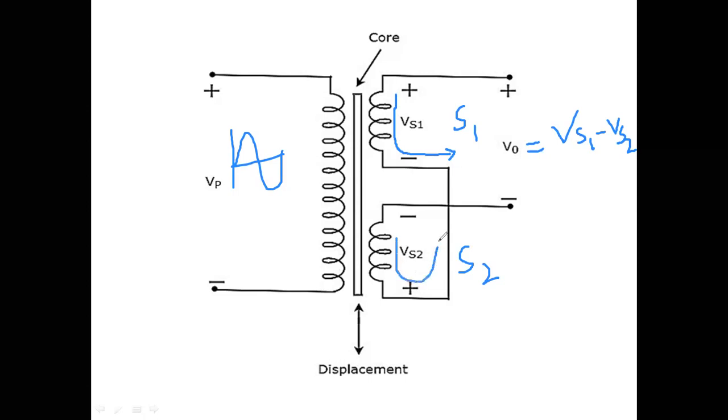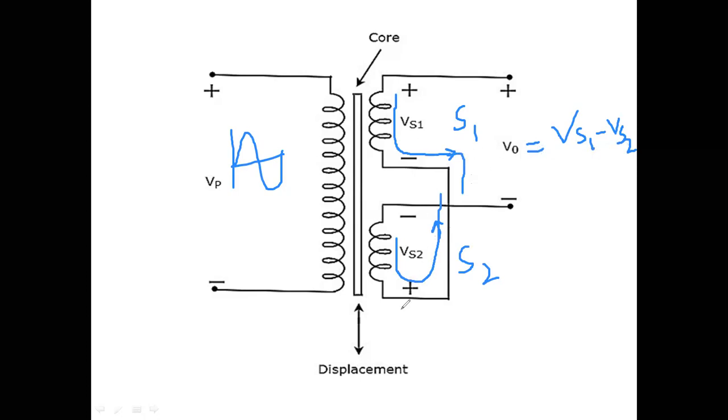Positive to negative. So if you see here, both currents are equal and opposite. It goes down, it comes up. Therefore, Vs1 minus Vs2 will get at the output V0.